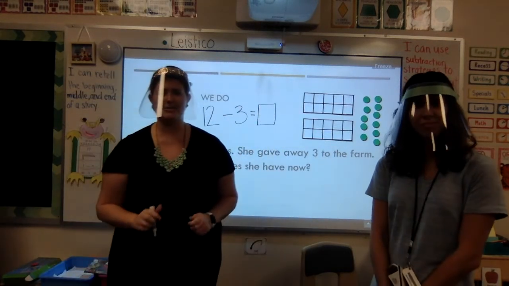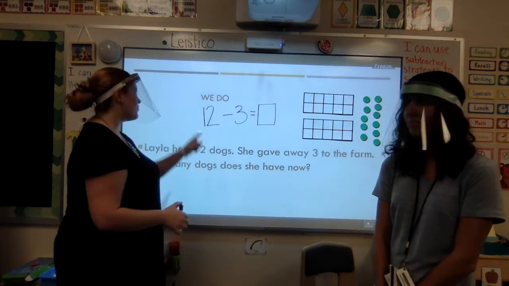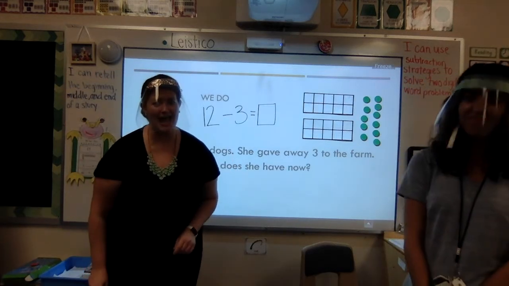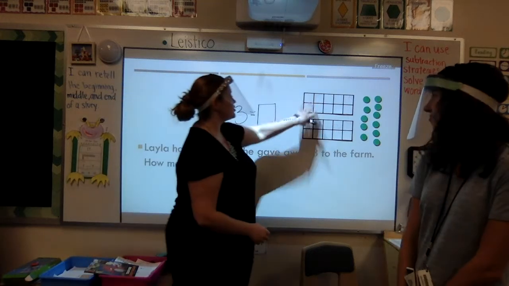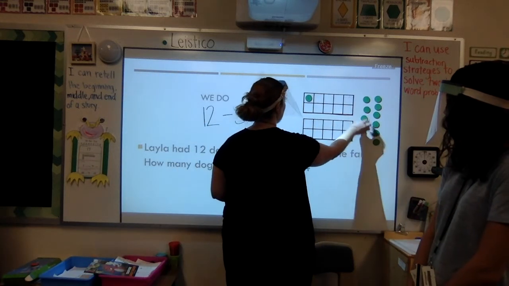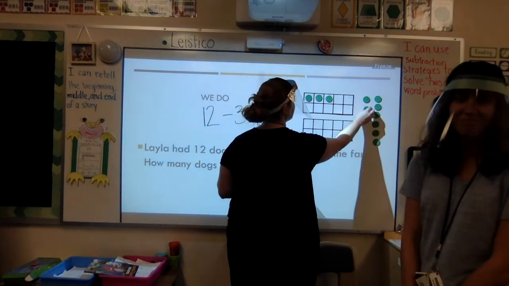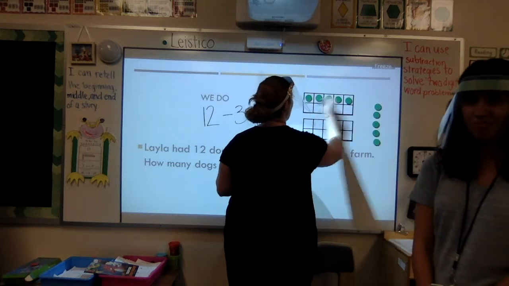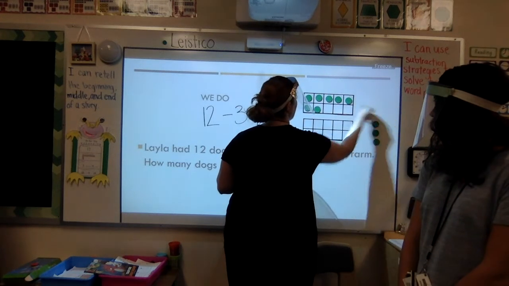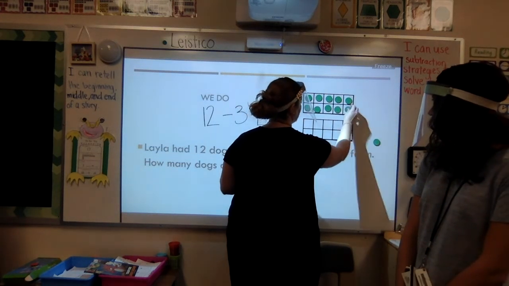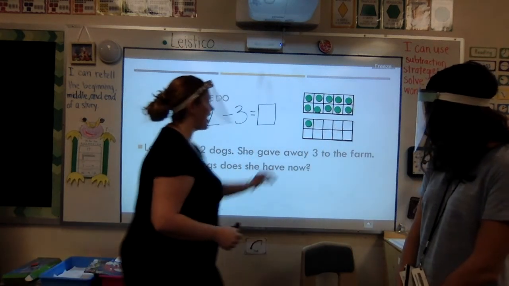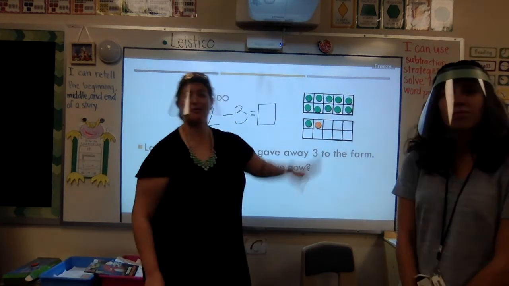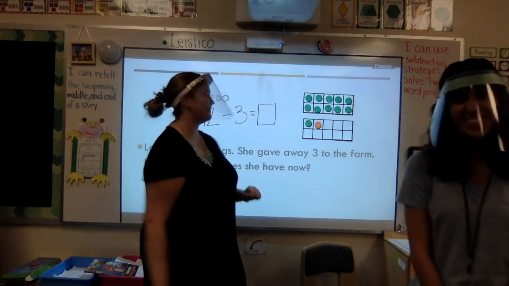Now remember, I said I was going to use a 10 frame, and 12 is a bigger number than 10, so I actually need 2 10 frames. So I have them right here. I'm going to start by filling in 12 because that's what she started with. And I'm always going to start at the left and fill to the right, and I'm going to do the whole side on one. And I accidentally don't have enough of the right color, but that's okay. We're going to pretend that orange guy is green.